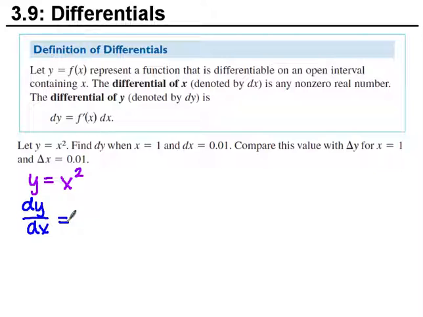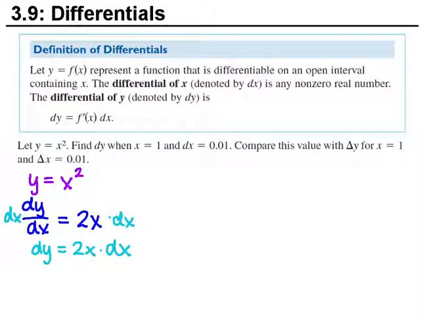And so what would the derivative of x squared be? 2x. There you go. Now, the problem asks us to find dy, so I'm going to isolate dy and make it all by itself. So I really end up getting dy equal to 2x times dx.